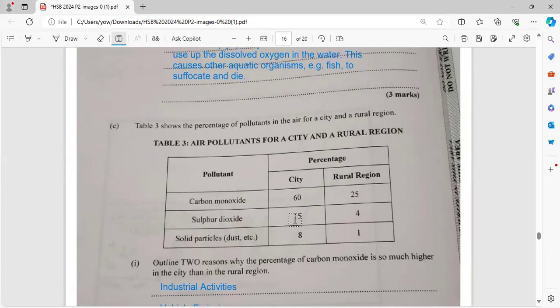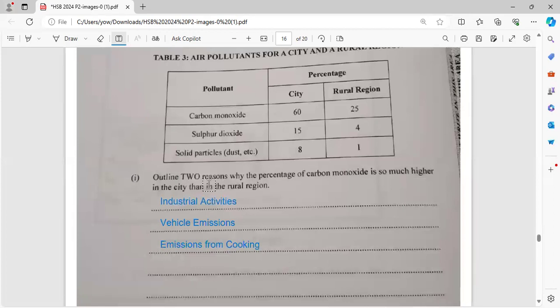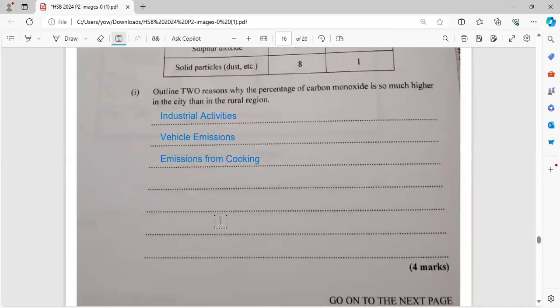So we have industrial activities: there are more factories in the city than in the rural region. There are more vehicle emissions. You'll have to explain a bit more, guys, because it's 4 marks. So 1 and explain. That's the explanation.